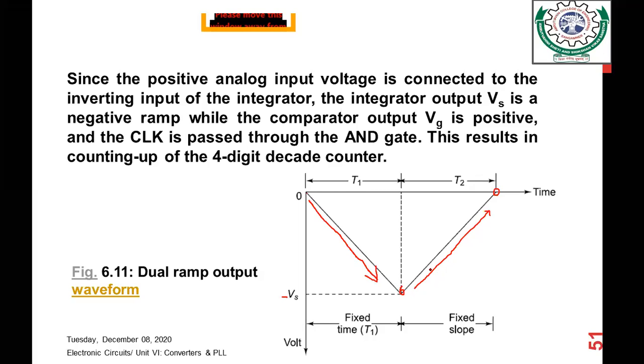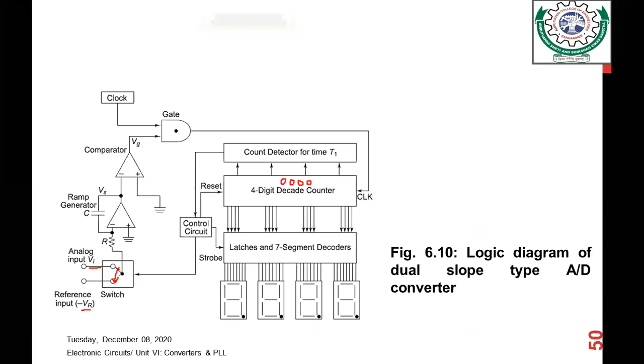And the comparator output becomes 0, and because of that the clock signal is inhibited from passing through the AND gate, because one of the inputs of this gate, Vg, is 0. So the clock signal initially for T1 time is like this, and for the T2 time period it would be at 0.